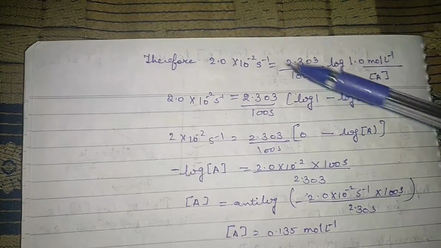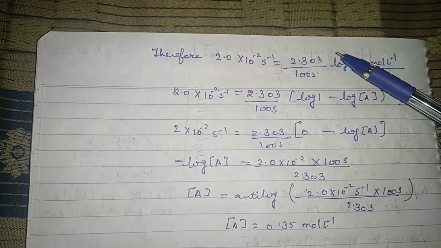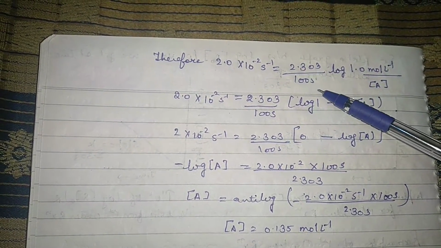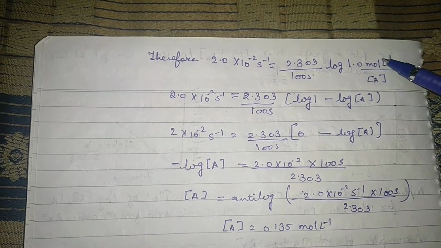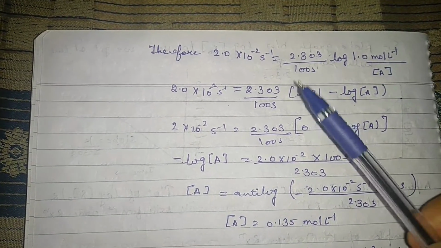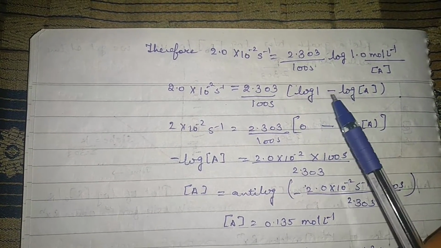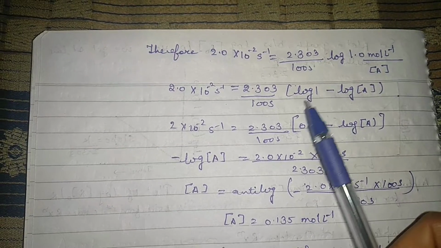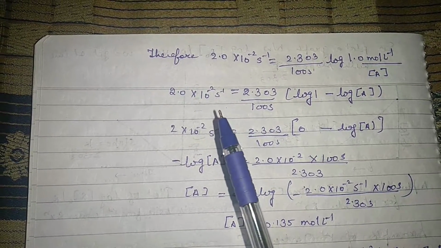So how can we calculate? Therefore 2.0 into 10 to the power minus 2 second inverse is equal to 2.303 upon 100 log of 1 mole, which he has given as the initial, after this much time upon a. So what happened? Now we have to calculate. It will be like log 1 minus log a, whose value will be 2 into 10 to the power minus 2.